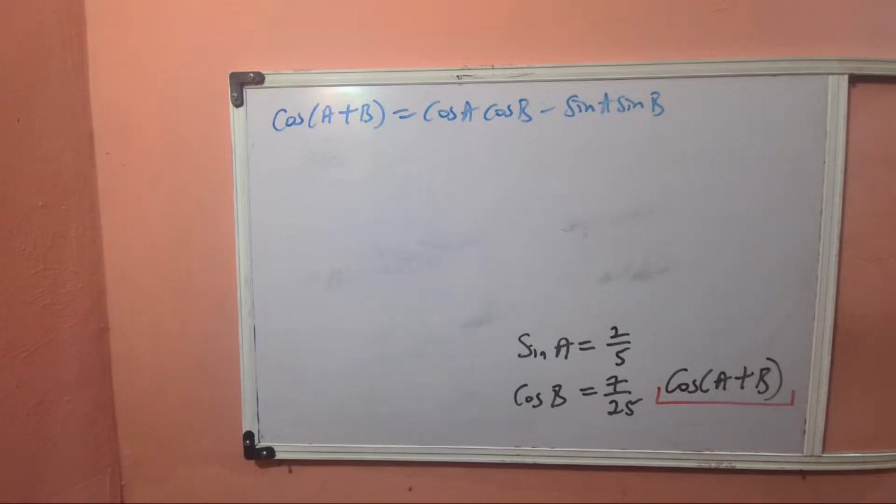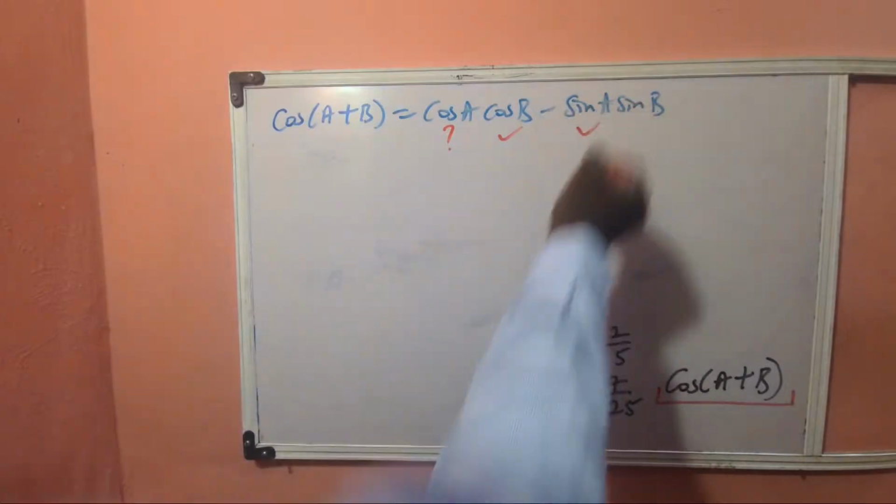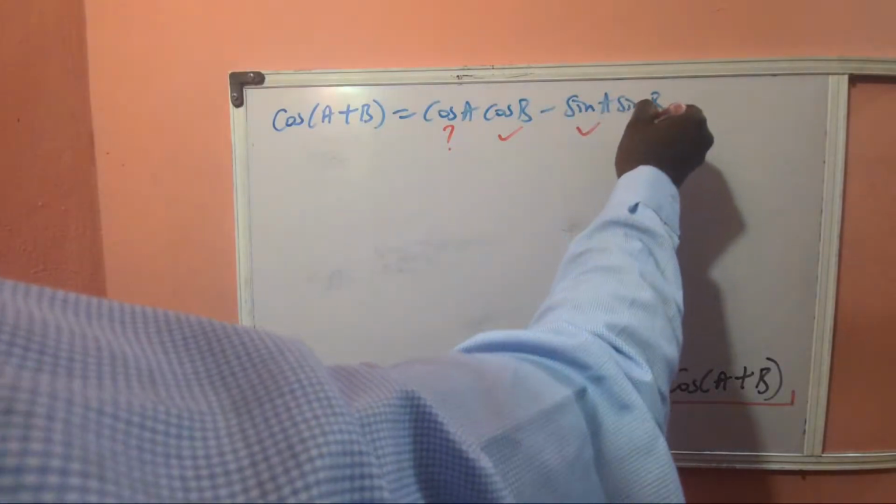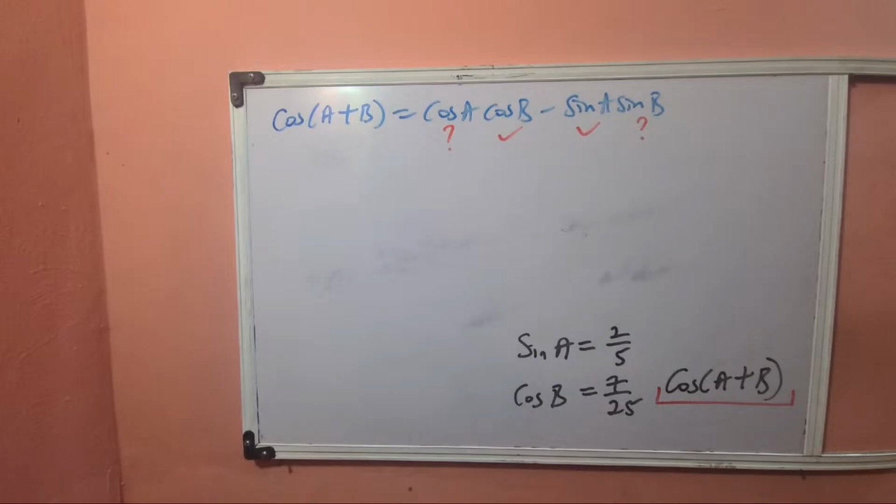Cos A is unknown. This is a mystery to you. Cos B is actually known. Sine A is actually known. Sine B is unknown. So you have to first evaluate these values before you use them in this compound angle.